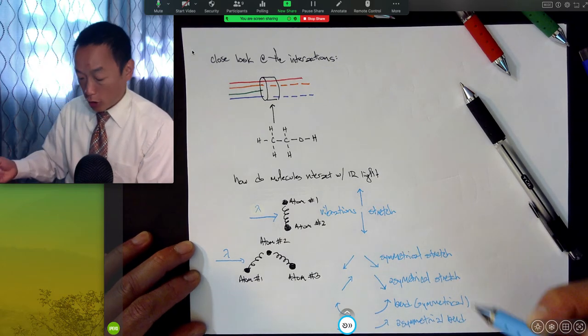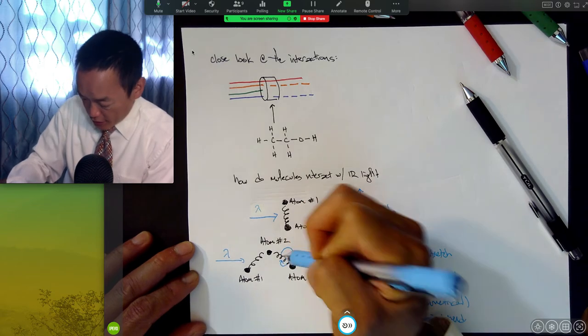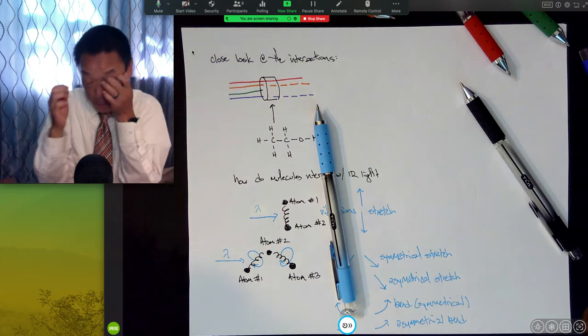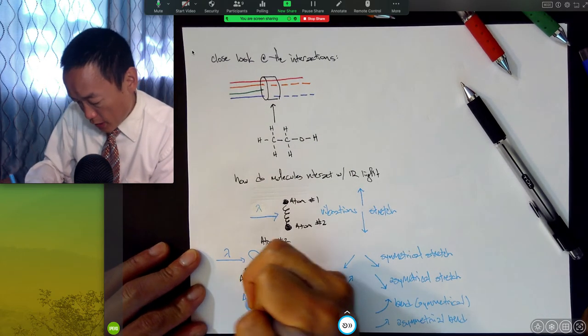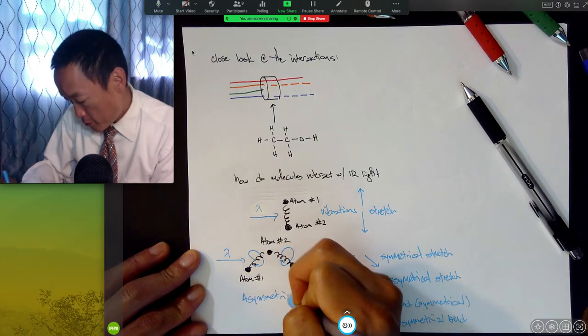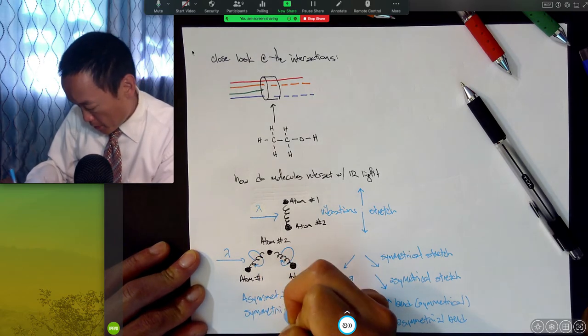And then there's also the option to have this sucker twist and this sucker twist like this. So like really a corkscrew type twisting. And those types of motions can be an asymmetrical and symmetrical twist.